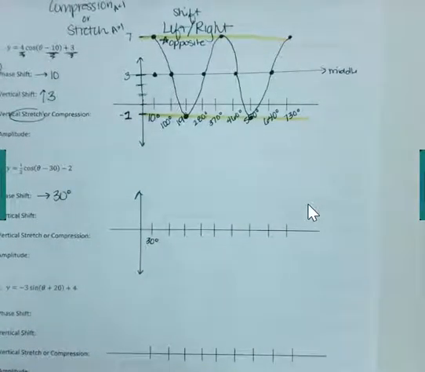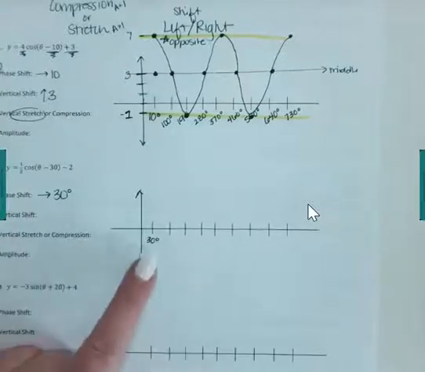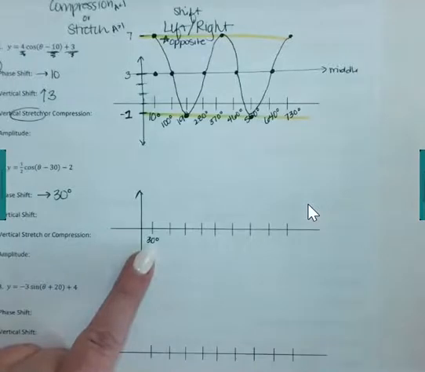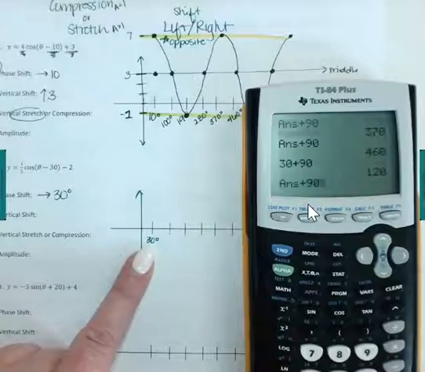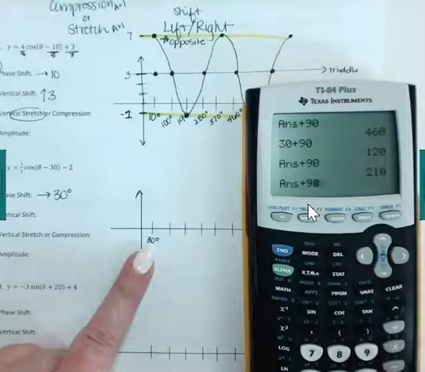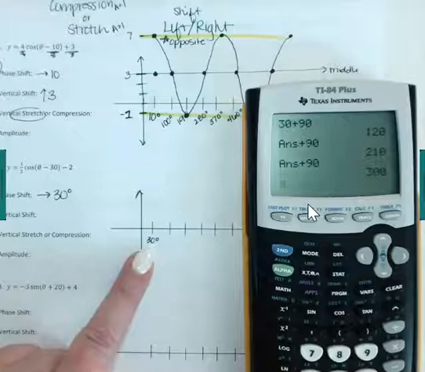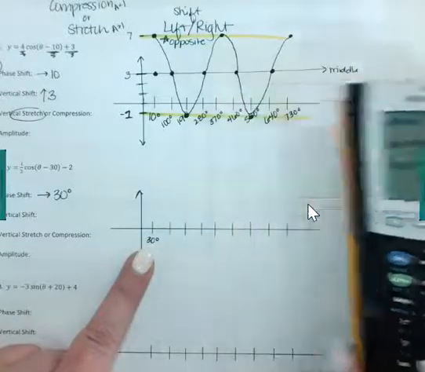What am I counting by on the x-axis? Same as last time, 90s. So if I do 30 plus 90, what's my next step? 120, plus 90 again: 210, then after that, 300.